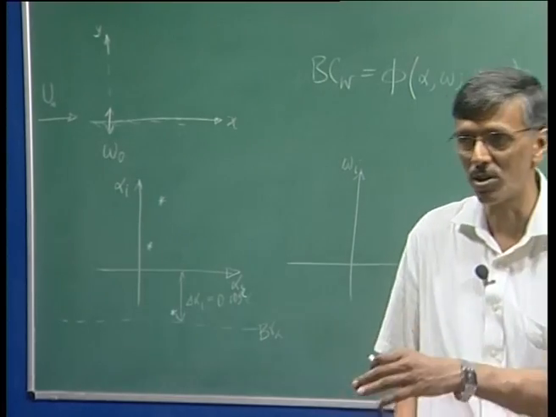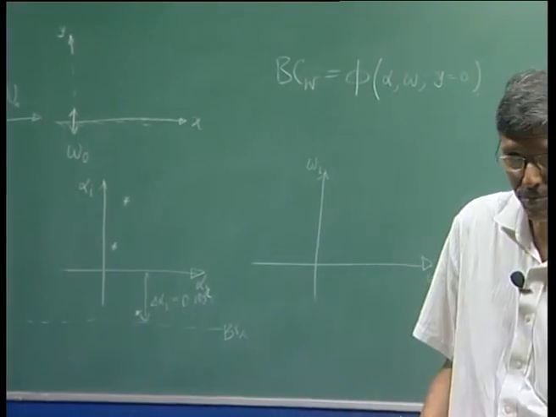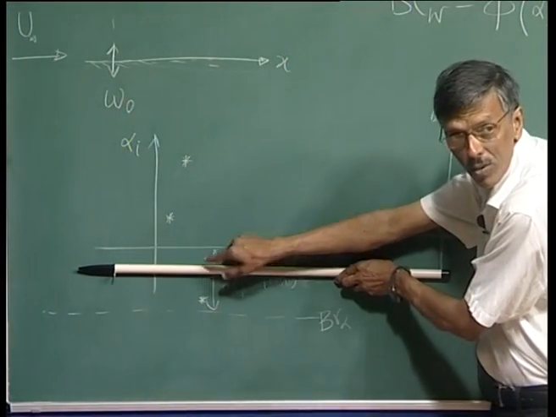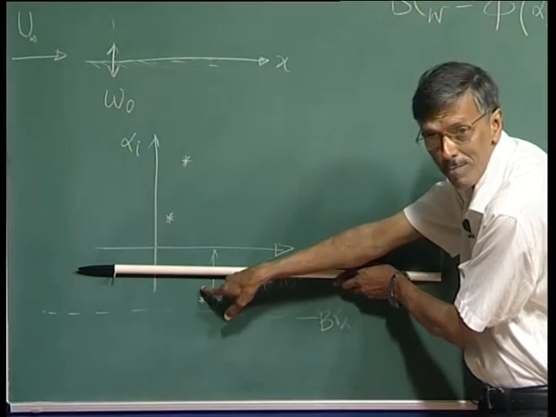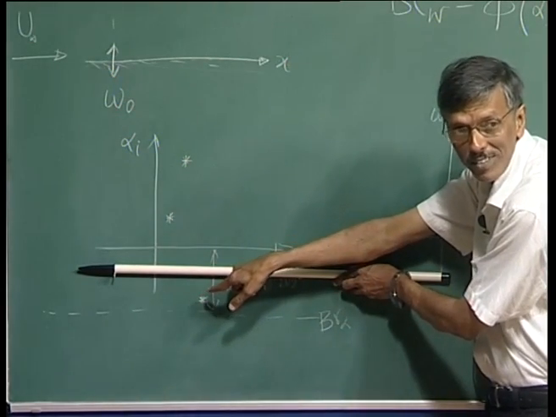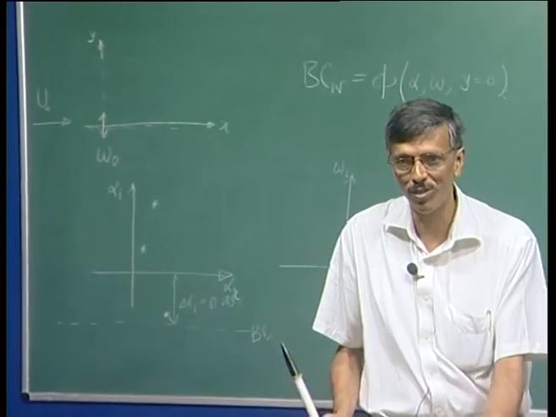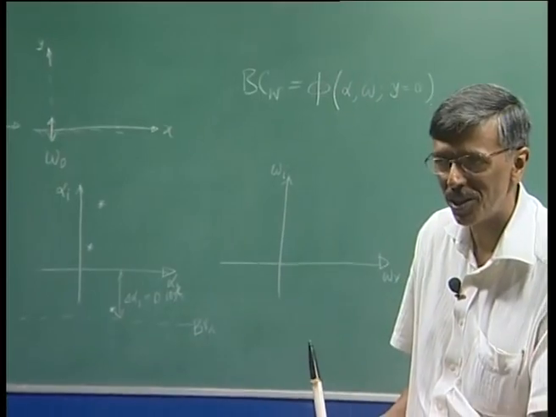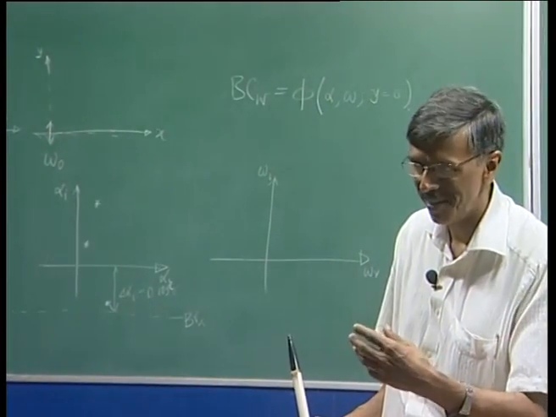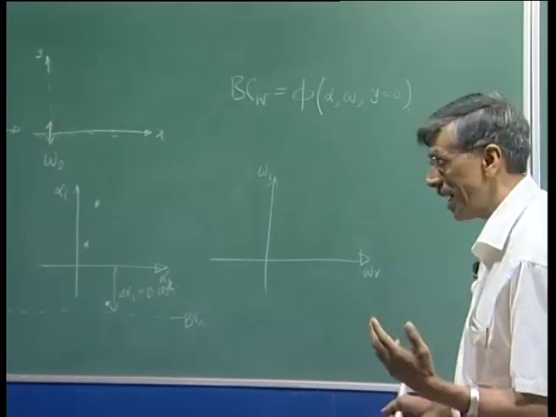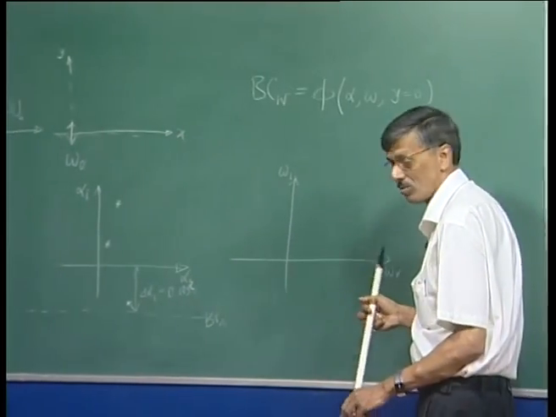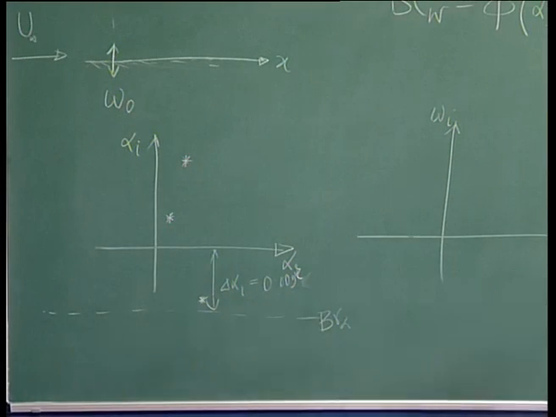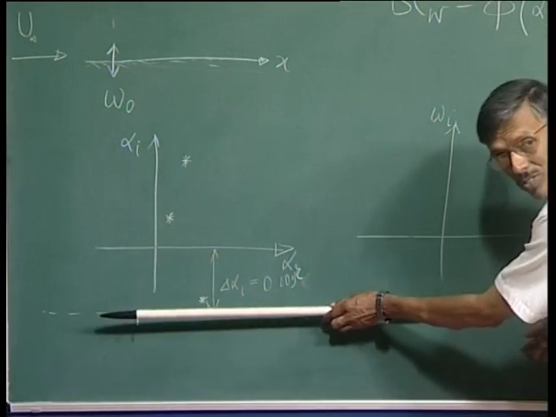Because then we are giving it a role as if the disturbance is going upstream, and that would be funny, because if I do it like this, with respect to this contour, this will be upstream propagation, and what happens? This will then become a stable mode also, because it has alpha I negative, and if it is below the Bromwich contour, it will be a stable upstream propagating mode. But from our eigenvalue analysis, we have found that it is basically a downstream propagating mode, and this is also an unstable mode. That is why we will have to choose this.